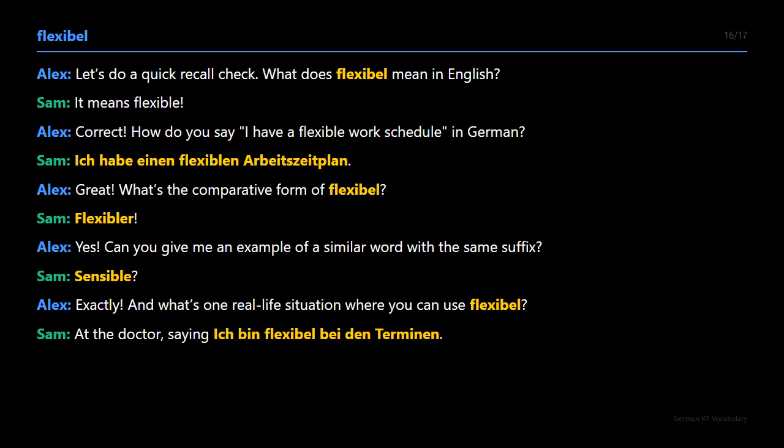Flexibler. Yes. Can you give me an example of a similar word with the same suffix? Sensible. Exactly. And what's one real-life situation where you can use flexibel? At the doctor, saying, Ich bin flexibel bei den Terminen.